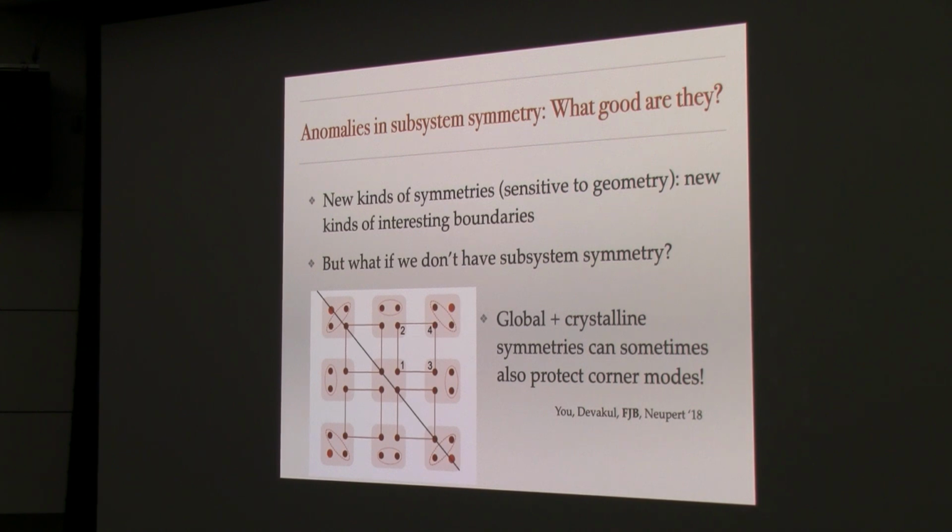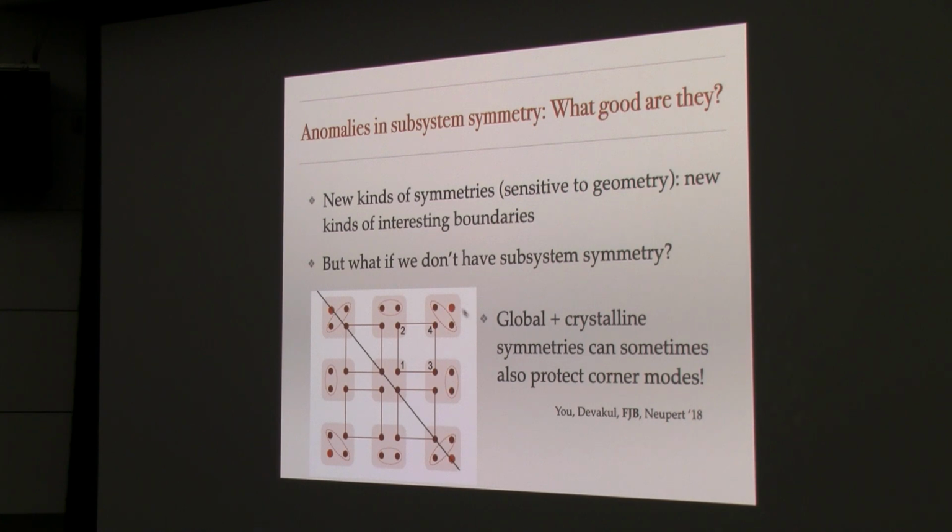So that's just a few examples of the different kinds of things that we can do. We can write down models that have different kinds of weird boundaries, and the boundaries can be weird all along the edges. They can be weird at the corners. We can have stuff in two-dimensional boundaries and one-dimensional boundaries and so on. And the interesting feature that's very different from what you get in, say, topological insulators is that for all of these boundary states that we get, they have some kind of dependence on the underlying geometry.